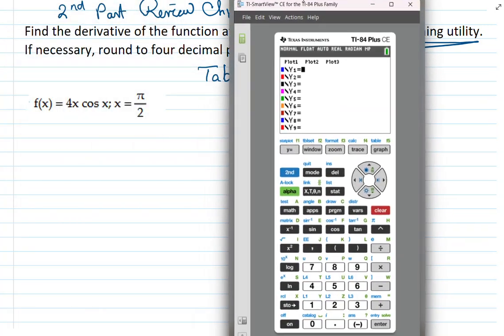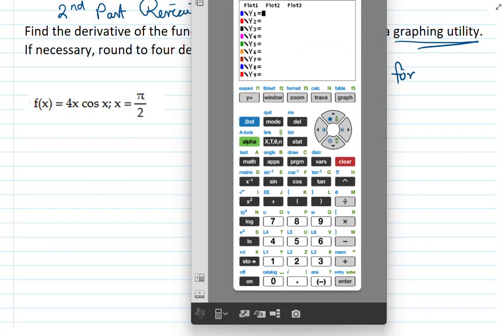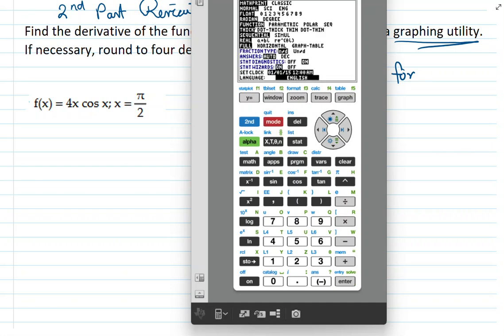And I'm going to enter my function, which is 4x cosine x. And then I'm going to make sure my mode is in radians, and that'll work. And we did do this one in class, and it took us a while. And I had my personal calculator in a mess, so it caused a big problem.